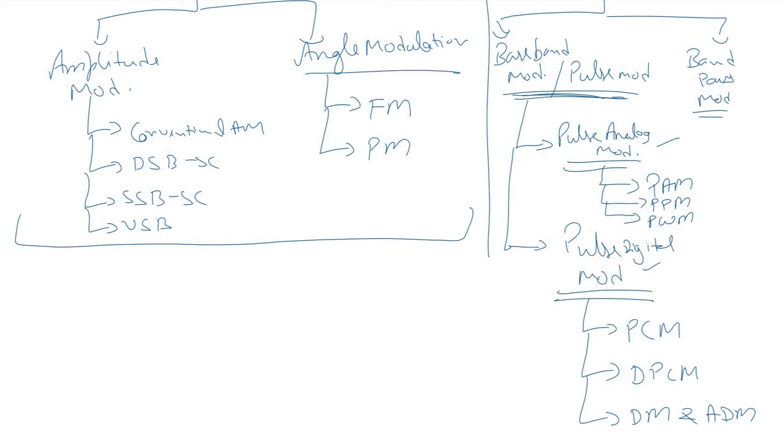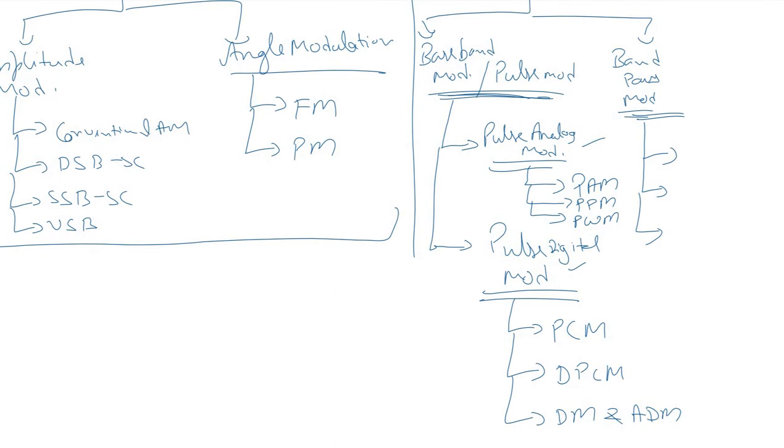Similarly, in case of band pass modulation, the main categories are your ASK amplitude shift keying, PSK phase shift keying, and FSK frequency shift keying. And obviously there are several different variants of these ASK, PSKs and FSKs available with us, but these are the three main categories of the band pass modulation.